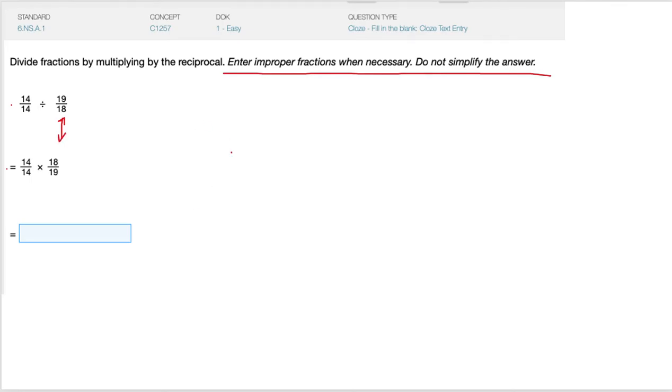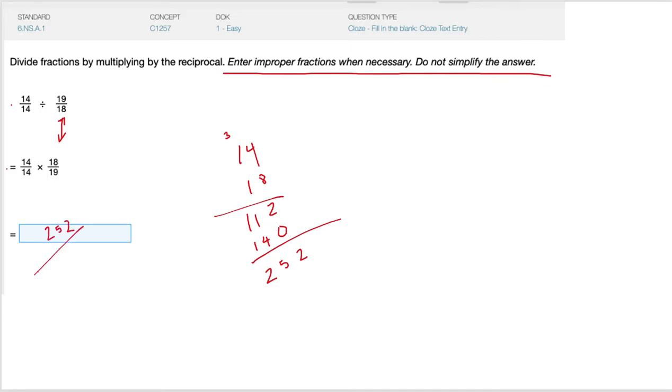So you're going to do 14 times 18 on the top. Four times 8 is 32, put a 0, 1 times 4 is 4, 1 times 1 is 1. So we get 252 on the top.